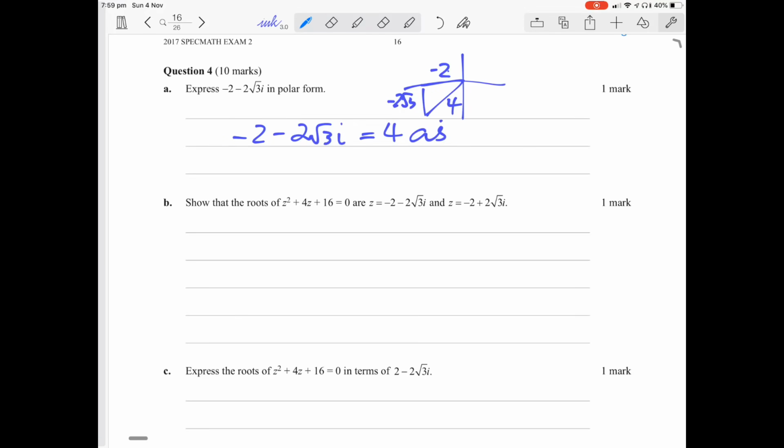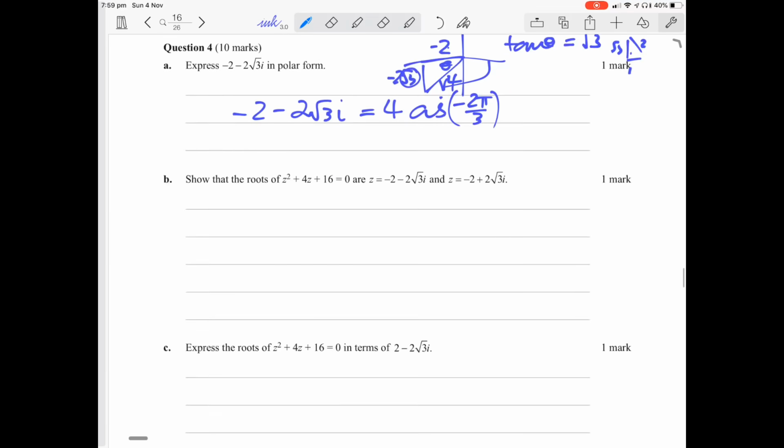Okay, and the angle is going to be root 3 tan theta. This angle in here is root 3, 1, 2 root 3, it's got to be pi on 3, but because it's around here, negative 2 pi on 3. So for cis, negative 2 pi on 3.